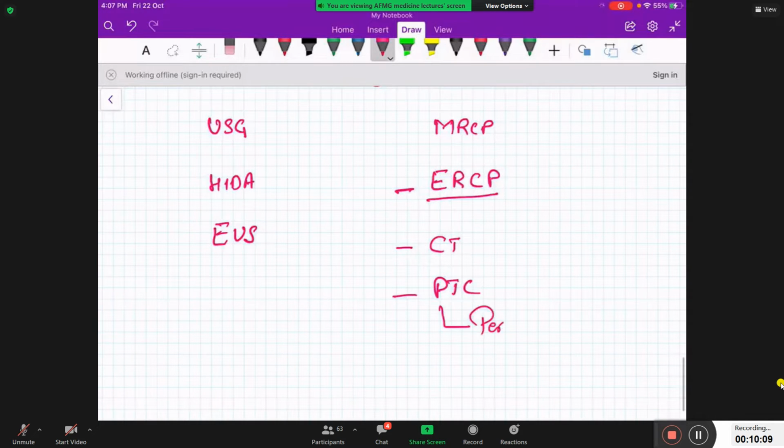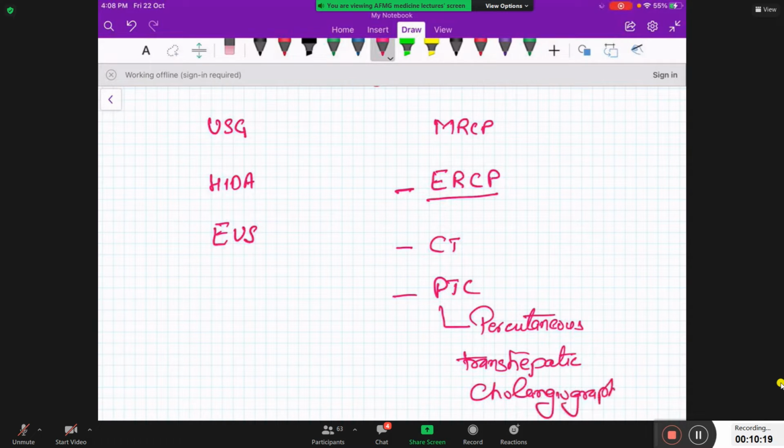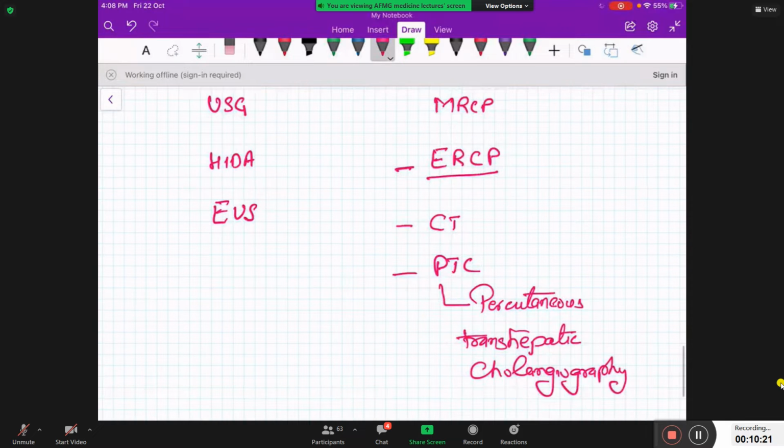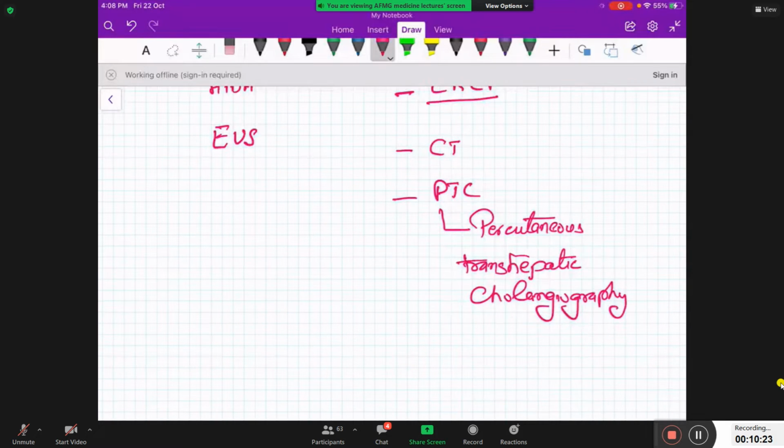Percutaneous transhepatic cholangiography. Now, these are the investigations you all are aware that they're there.